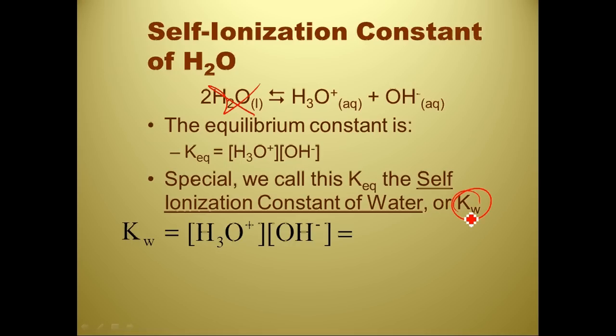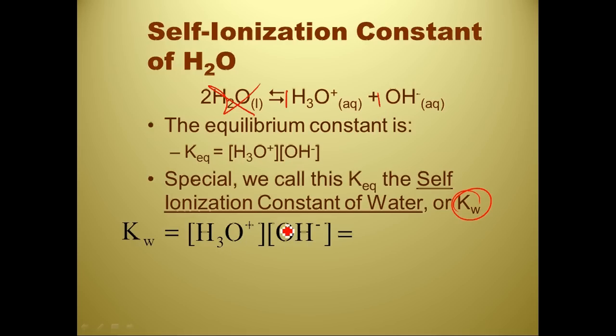So we write it this way. Kw is the hydronium ion concentration times the hydroxide ion concentration. Now, if you notice in the balanced equation here, we've got a 1-to-1 ratio for hydronium to hydroxide. So these two values are the exact same value. They don't cancel each other out.